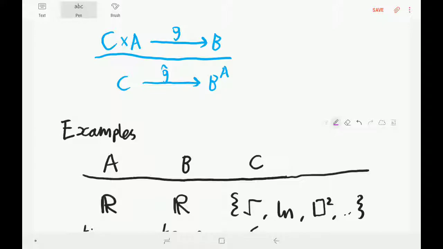Once you picked an operation from C, you've really fixed a certain kind of mapping, and then you can think about inputs from A. So maybe you pick an element of C to be the square root, and then you can put in different inputs from A, and you get an output in B. So you can do square roots of different numbers, but that's just for a fixed calculator button, square root. But if you have C as the set of lots of these, then what you really have is a parameterization.